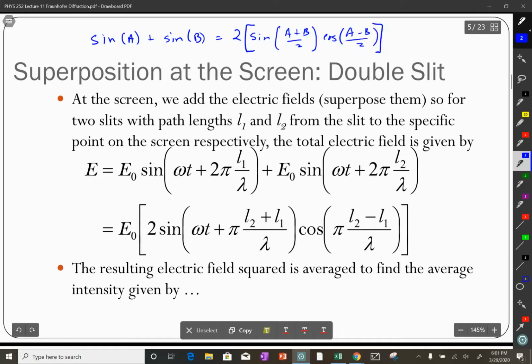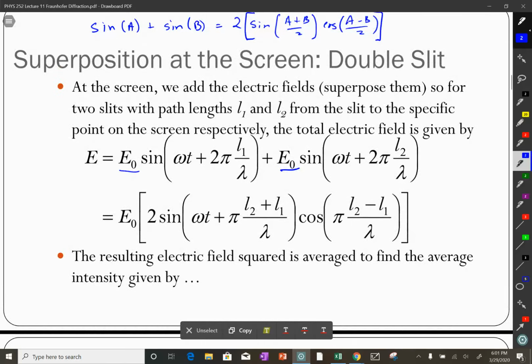Now, it doesn't matter if it's A minus B or B minus A, because cosine of (A minus B) over 2 is equal to cosine of (B minus A) over 2. That's cosine of minus theta equals cosine of theta. So it doesn't matter which way you do it. And so using that trig definition and the fact that we have E0 that we can factor out on both sides, then we can write the equation for the electric field at point P on the screen is equal to E0 times this stuff.